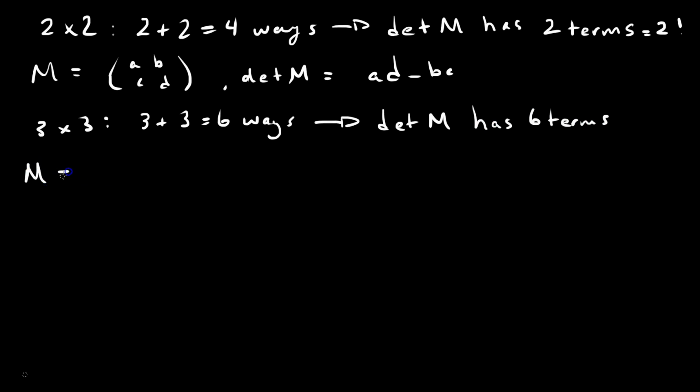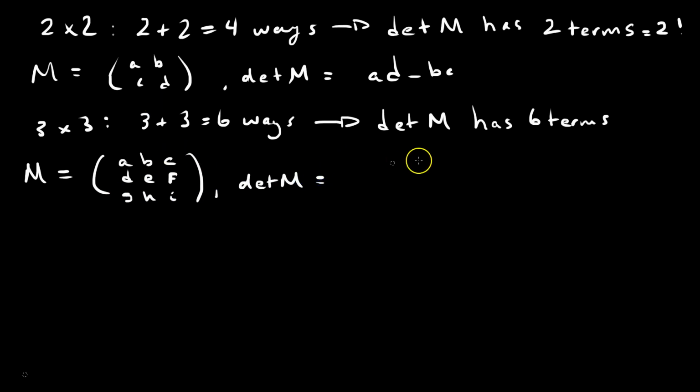And if you remember, m equals a, b, c, d, e, f, g, h, i. The determinant of m was, let me just do it real quick. If I Laplace expand in the first row, it's going to be a times the determinant of e, f, h, i, and then minus b times the determinant of d, f, g, i.